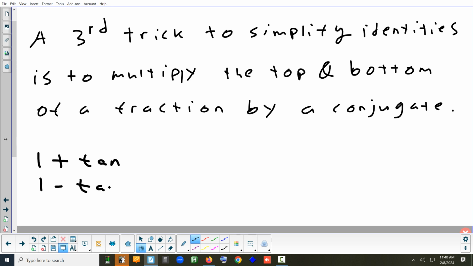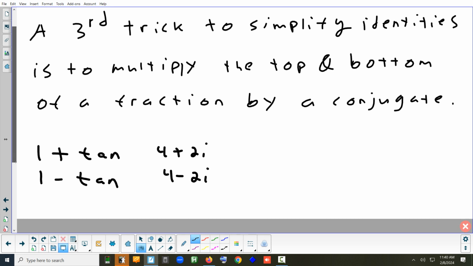Yeah, for all 6 trig functions. Just like when we did imaginary numbers, 4 plus 2i was a complex number, 4 minus 2i was the conjugate. So, same idea, except we're not doing imaginary numbers.